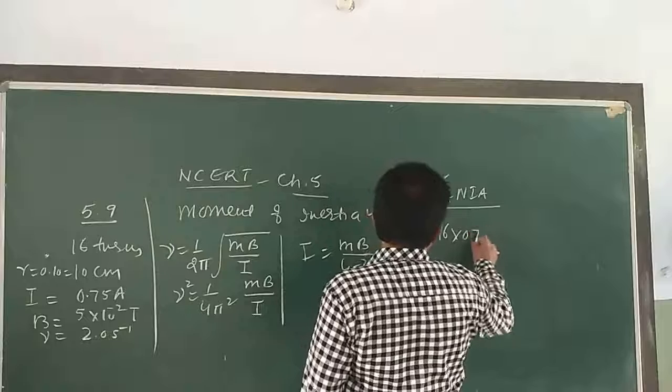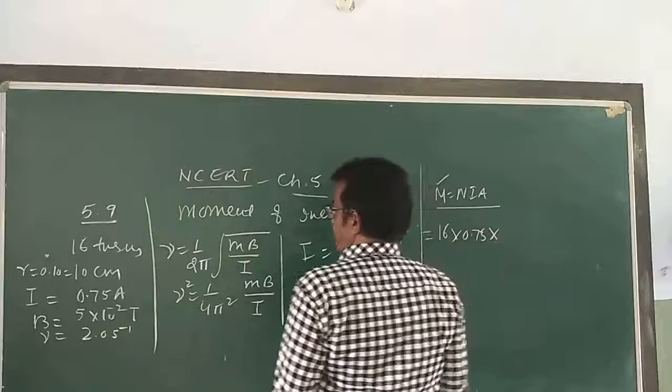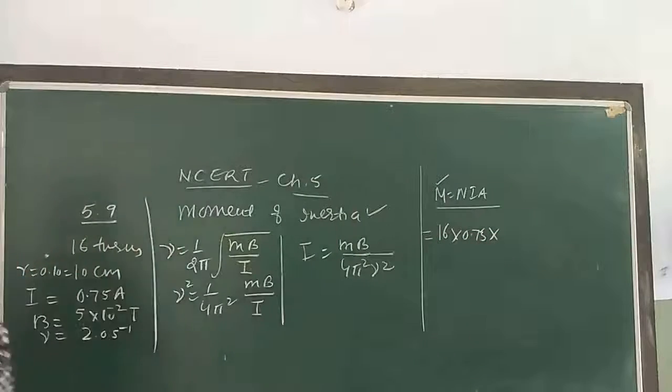current 0.75, then what is here? A, 10 centimeter, pi r square.